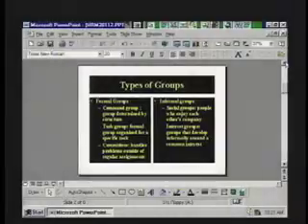In organizations, there are many different types of groups, and we can take a look at some of those different types of groups. First, the formal side of groups. Command groups. These are the groups that are defined by where you are in the organization. The connections between you and people above you, your superior, and people below you, your subordinates.